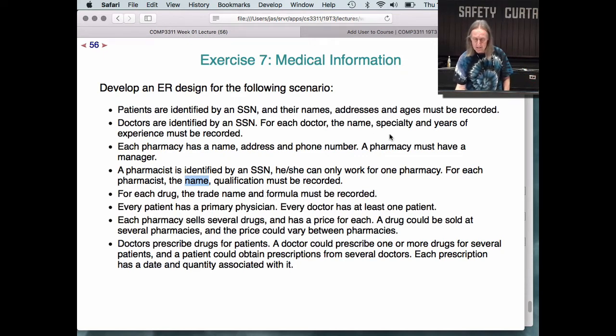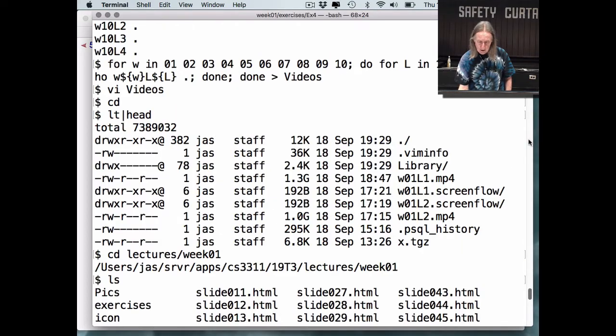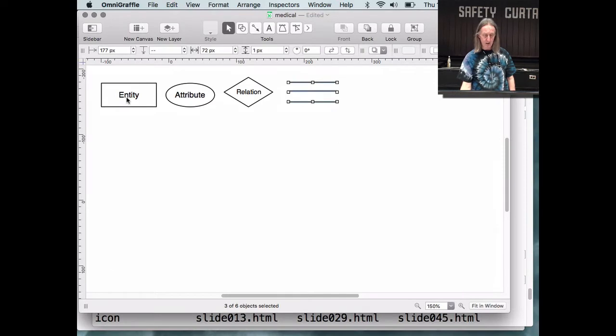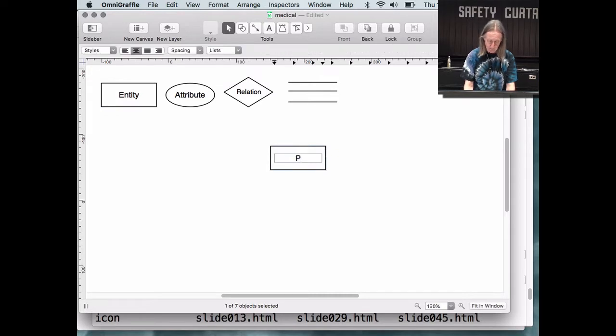So I reckon we could, let's see, I had it set up so I could actually draw a diagram. All right, let's see. So we've got a person.